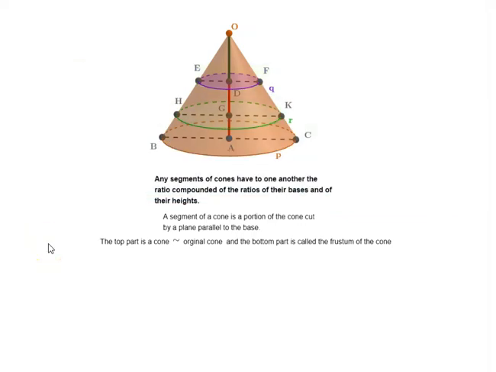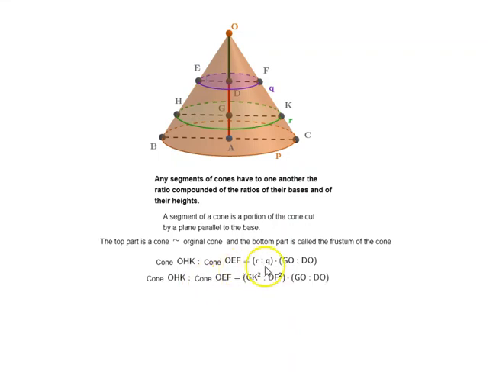So now cone OHK is to cone OEF equal to the base of the cone OHK is to the base of the cone OEF times the height of this cone, that is GO, is to the height of this cone DO.